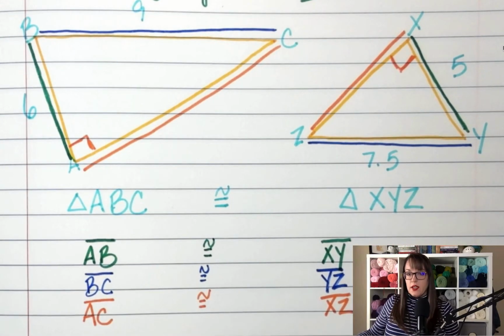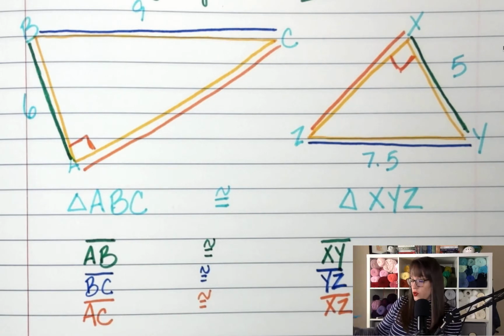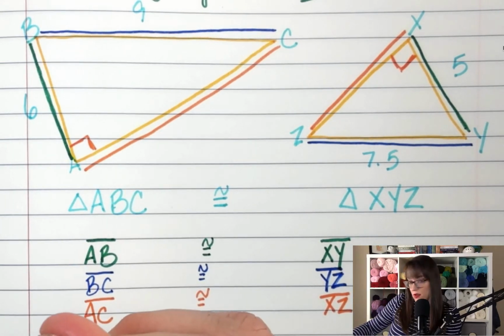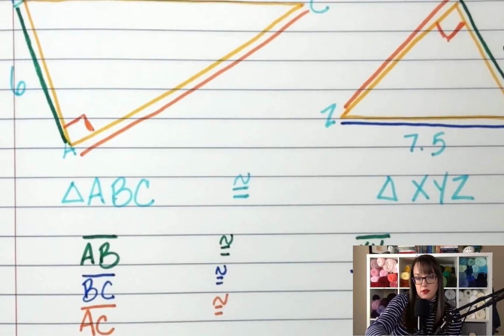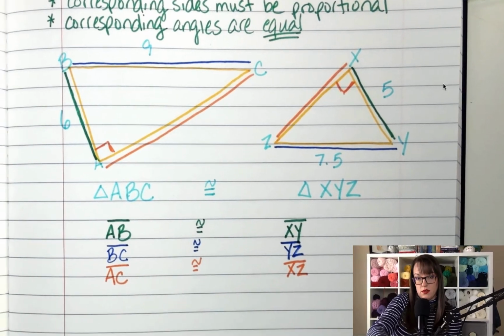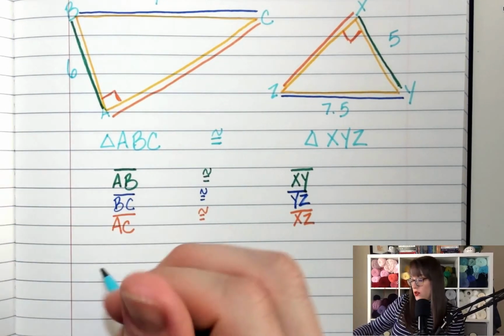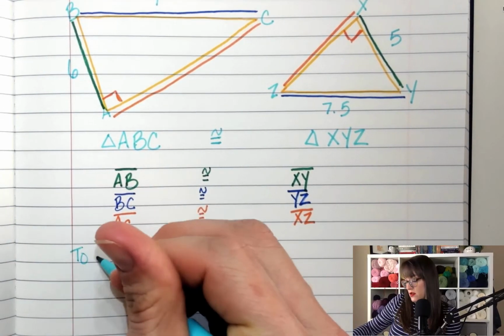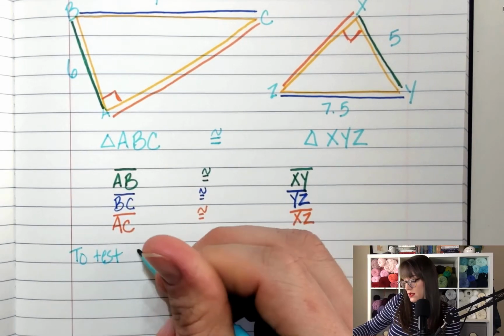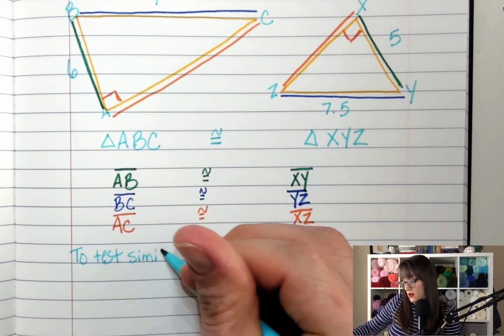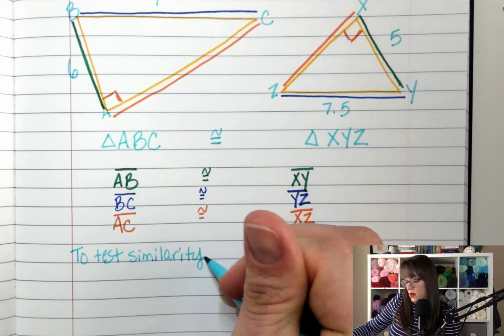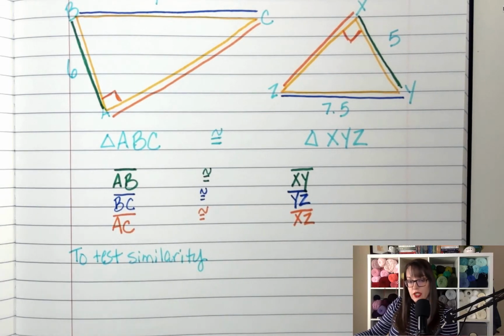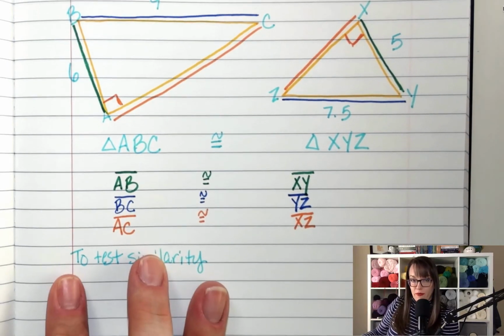So when I set up my proportion to test proportionality, I'm going to zoom out a little bit. To test similarity, you're going to set up a proportion that follows some kind of pattern.